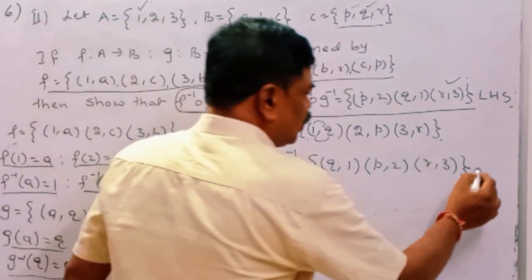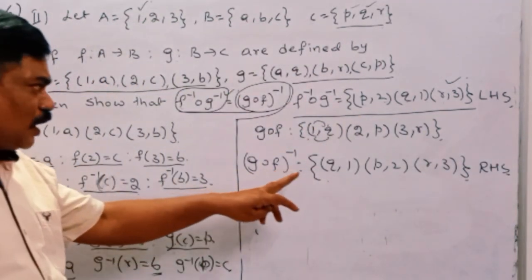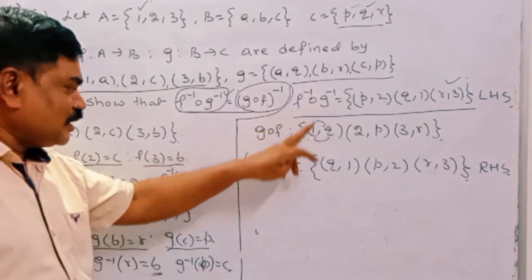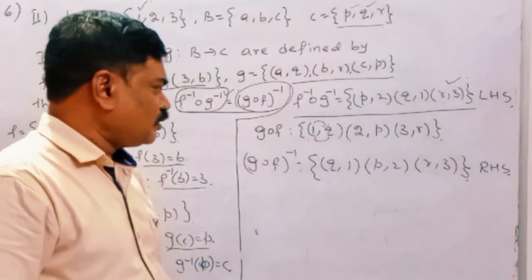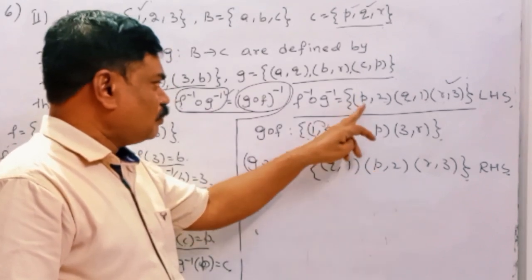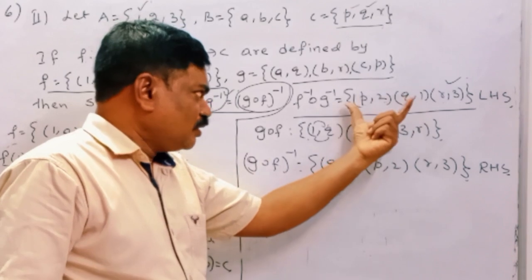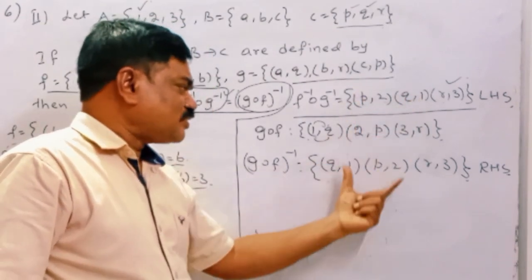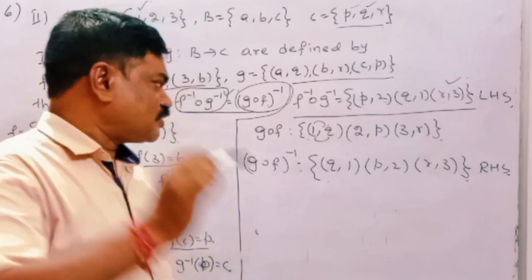This is the RHS. You observe LHS and RHS. These ordered pairs are the same as in F inverse circle G inverse.